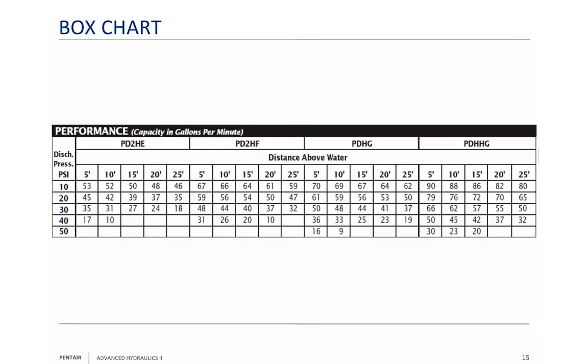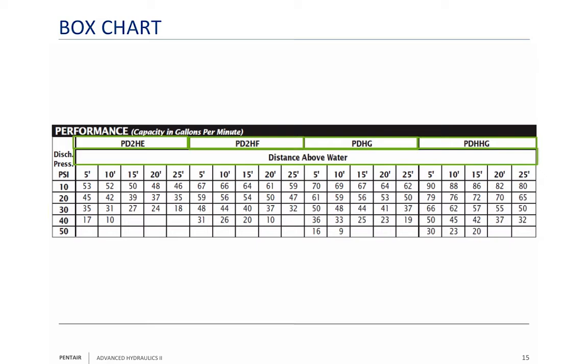All right? So, this is the box chart. It's right above the curve itself. All right? There's your 1 horsepower, 1.5 horse, 2 and 2.5 horsepower. Right below that it says distance above water. Now remember, that includes vertical distance, but it also includes friction loss.